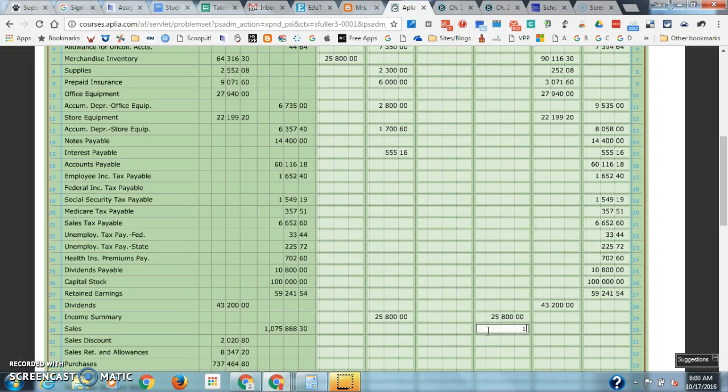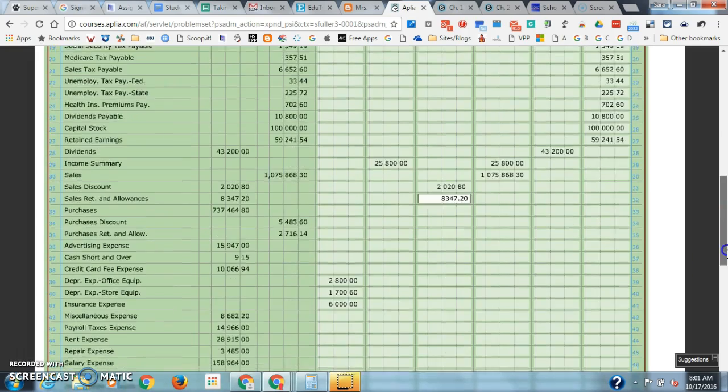Sales is a credit, $1,078,868.30. Sales discount is a debit, $2,020.80. Sales returns allowance, debit, $8,247.20.